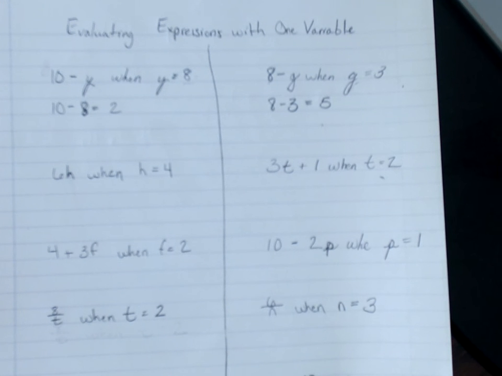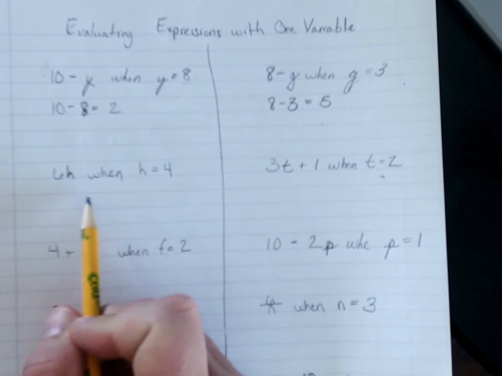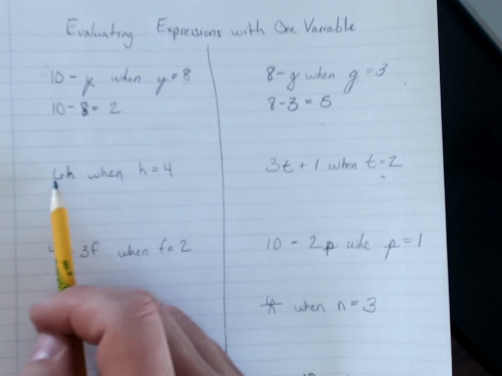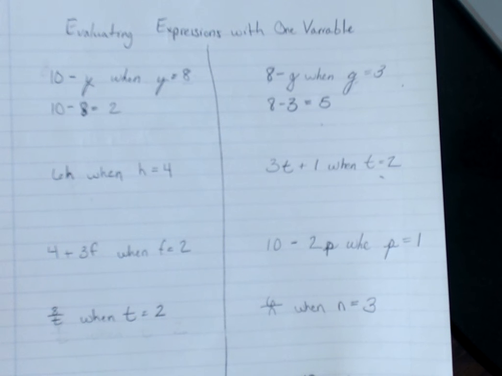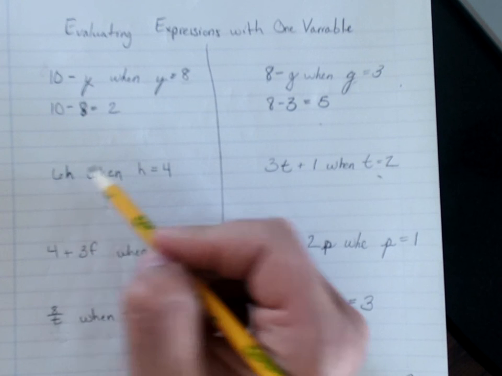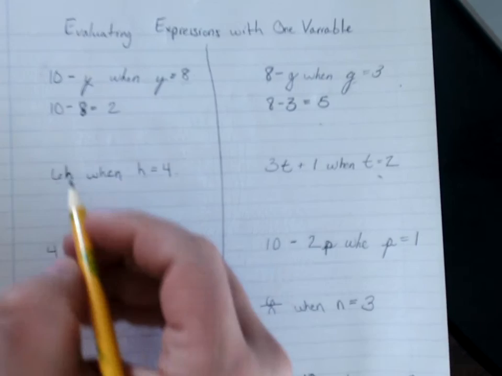6h when h equals 4. I don't know if boys and girls remember what to do when the variable is right next to the coefficient, or the number next to it. What do we do then? We multiply. 6h is 6 times h, and h equals 4.